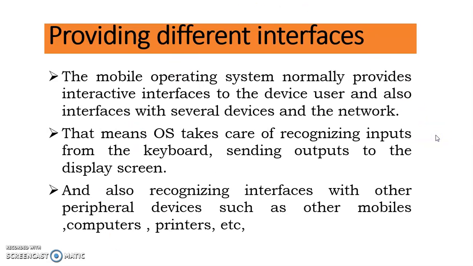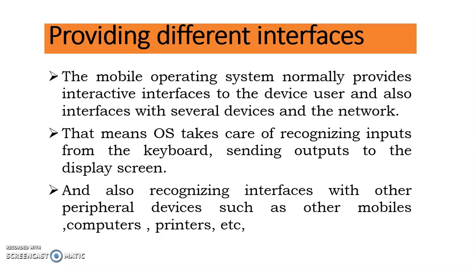Next, providing different interfaces. Normally the mobile operating system provides interactive interfaces to the device user, and also interfaces with several devices on the network. That means the OS takes care of recognizing inputs from the keyboard, sending output to the display screen, and also interfacing with other peripheral devices such as other mobiles, computers, printers, etc. This type of work is what we call interfaces.